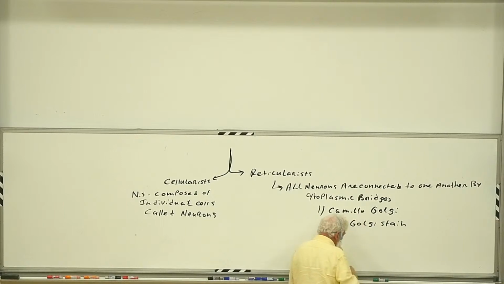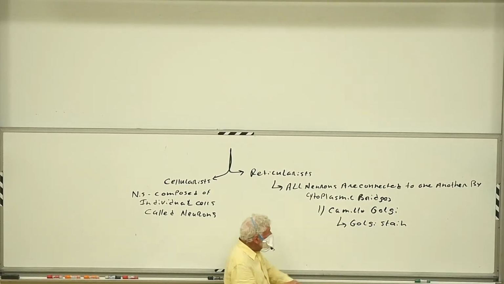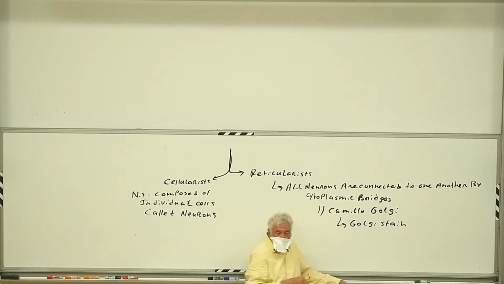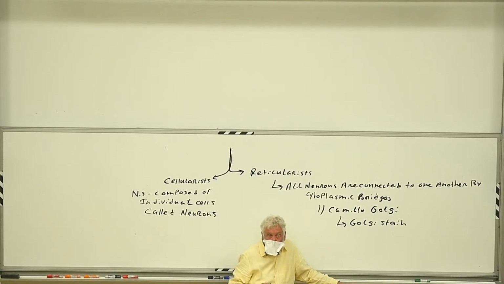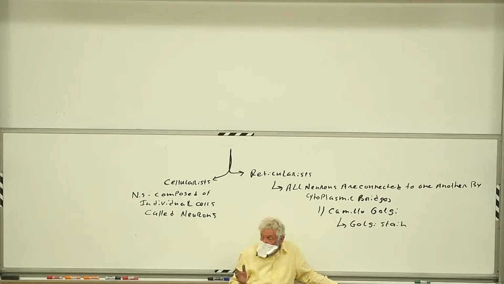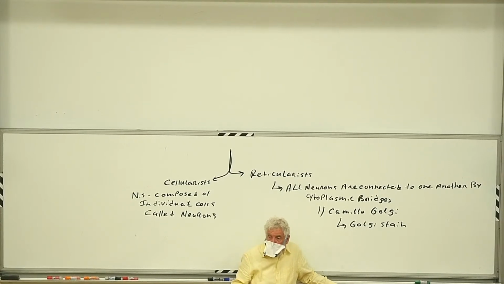Now, up to this time, most of histology was carried out using new dyes at the time, in the 1800s, that had been developed out of the coal industry. These were called the aniline dyes, and they were very effective at labeling different tissues. But the problem is when those aniline dyes were applied to the nervous system, there was too much information. You could just see thousands and thousands of cells in every section, and they just couldn't make any sense of it.